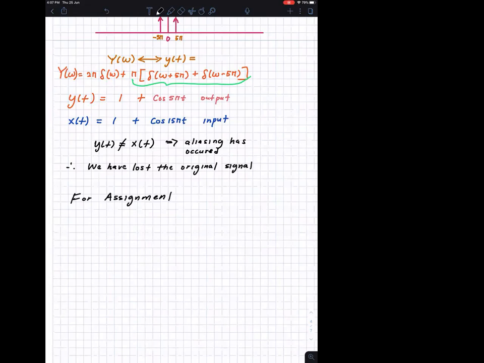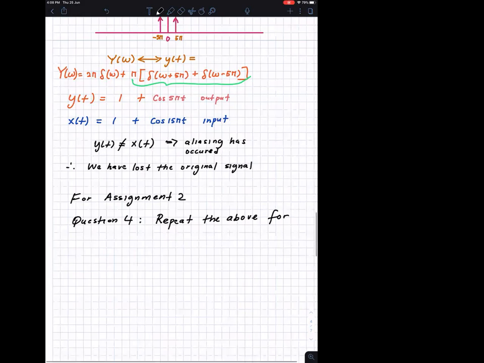Assignment 2, since I already done, show you guys how to do. For assignment 2, this was question number 4, right? For question number 4, you repeat the above for omega S, sampling frequency is 40 pi.